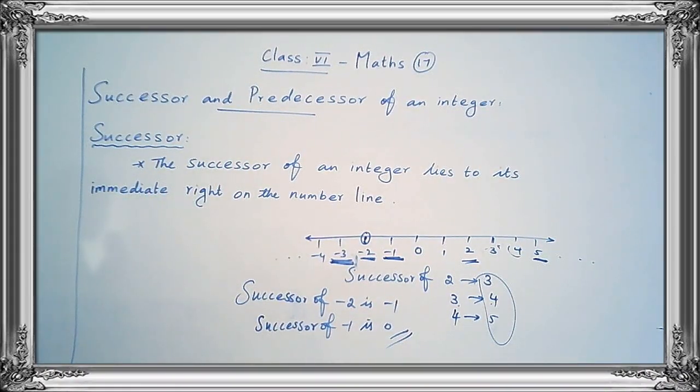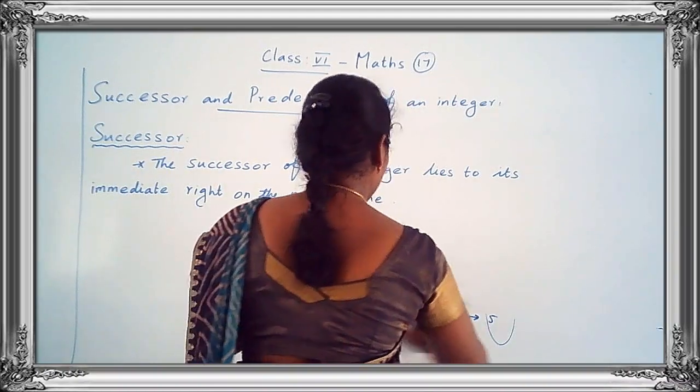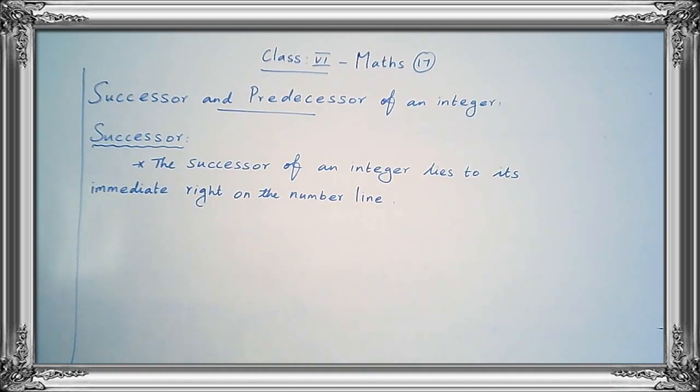Okay children, now clear? Now all of you take your classwork note. Don't leave any page. Continue your writing. Write today's day and date, and write the heading: successor and predecessor of an integer.